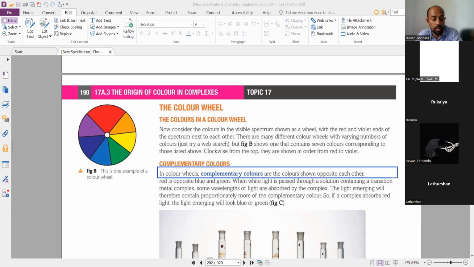So, why are we talking about these complementary colors, especially for transition metal complexes?